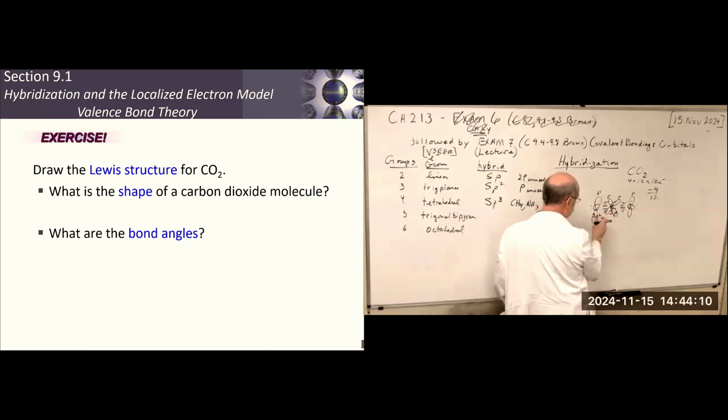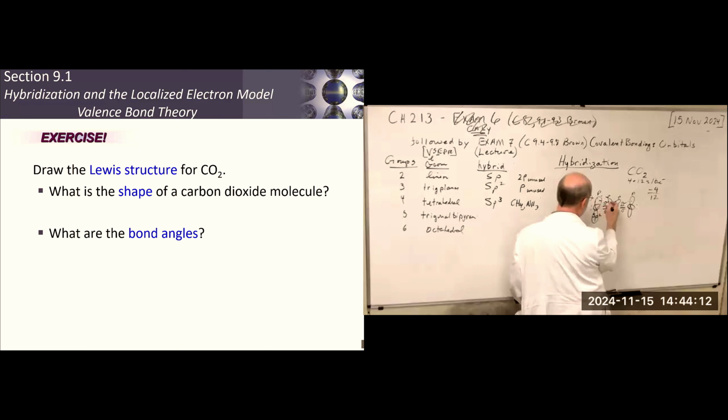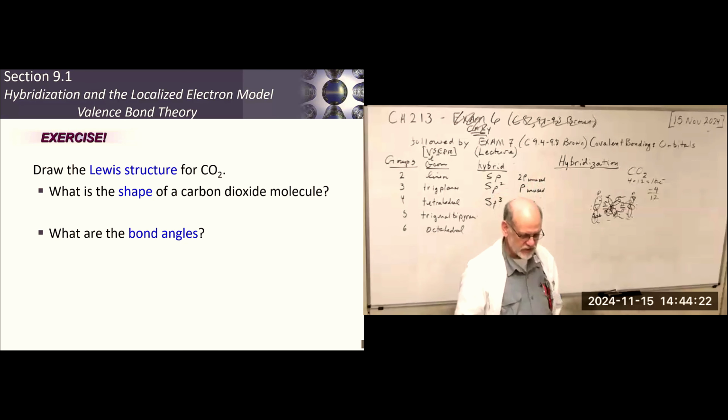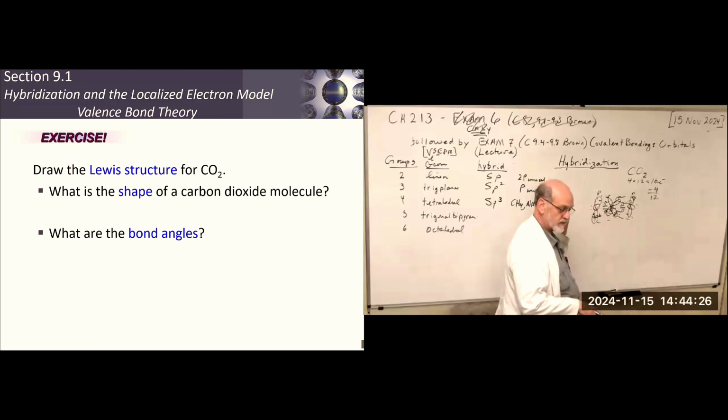So this side would form the pi bond with these, and this side would form it with those. Kind of messy. But you've got 2 unused p's on the carbon and 1 on the oxygen on one side and 1 on the oxygen on the other side to overlap and form the pi bonds. And the bond angles are going to be 180 degrees.